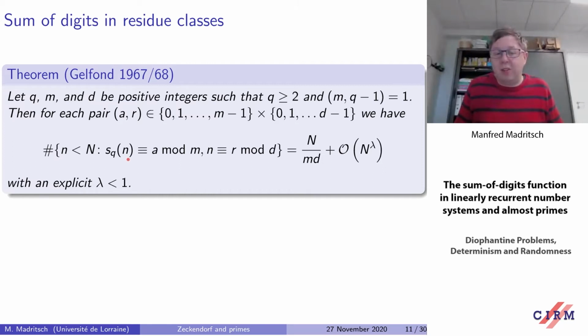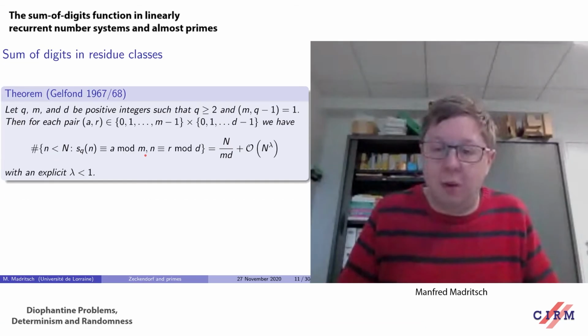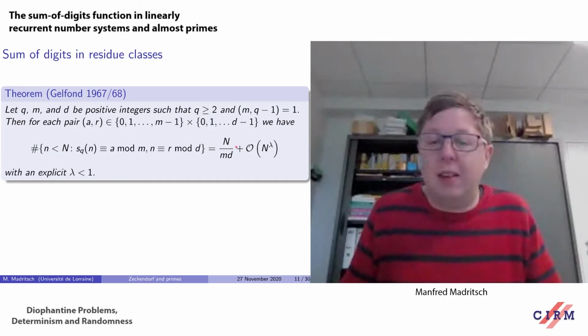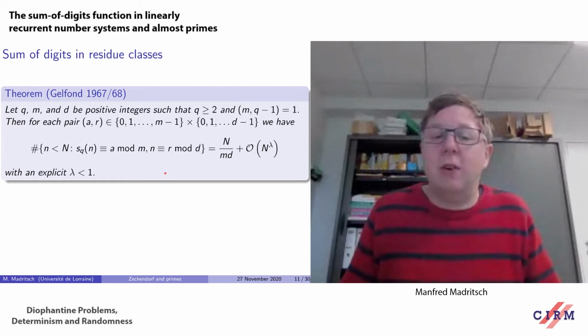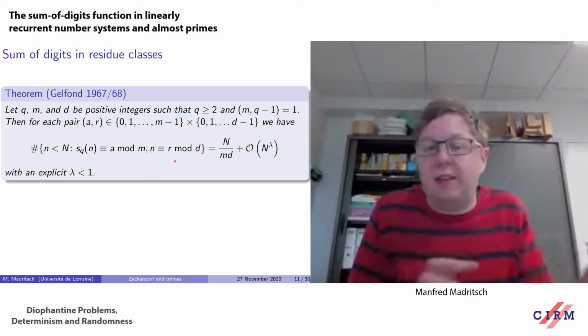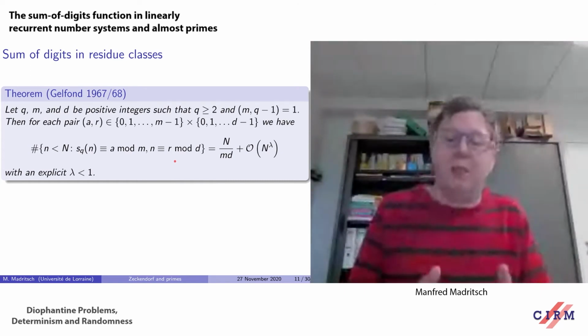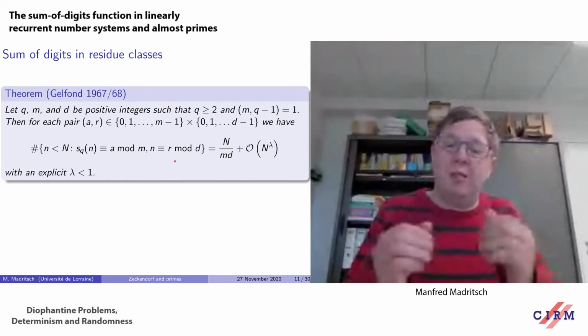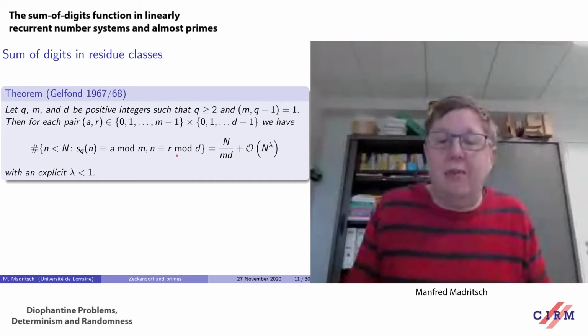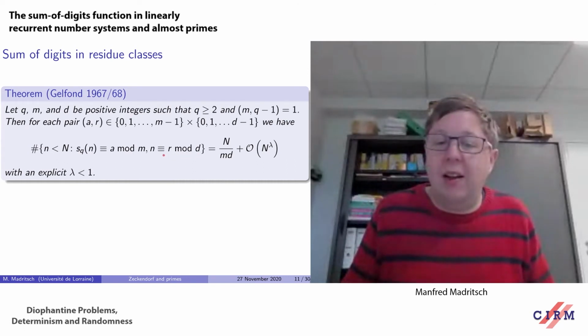Here you have the sum of digits function over an arithmetic progression, and you look in which residue class this sum of digits function falls. Here you get a certain independence of the sum of digits function. Otherwise said, the output of the sum of digits function is independent from the input, if you evaluate in arithmetic progressions.